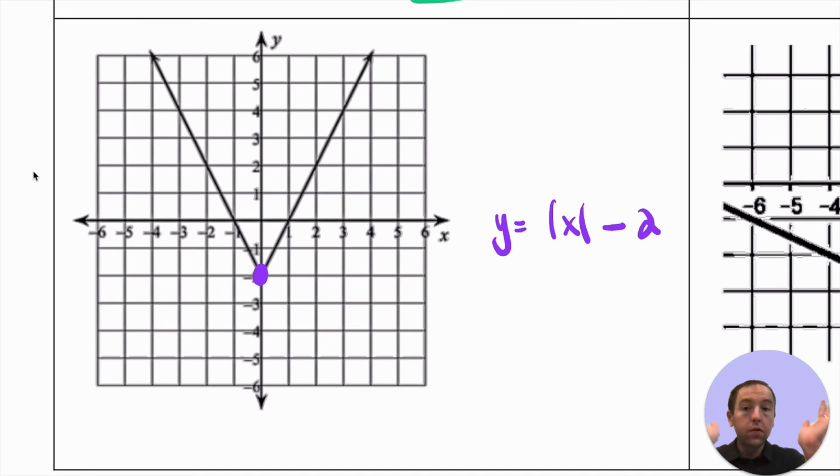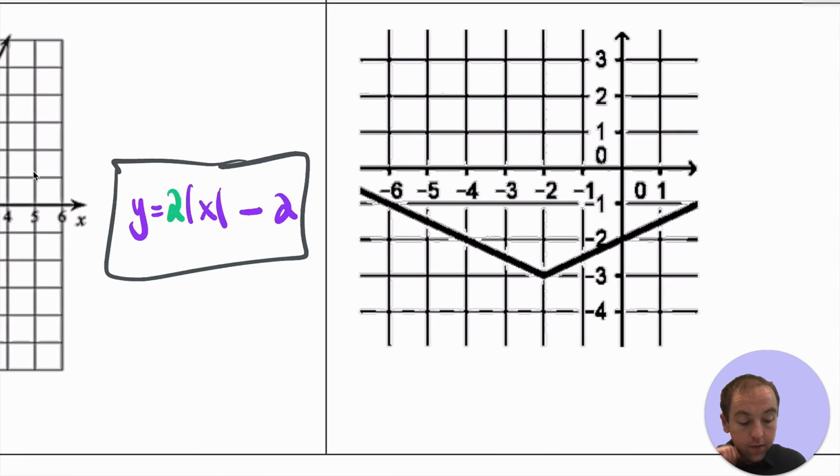You'll notice that the absolute value also is facing upwards, so you're going to have some sort of a positive constant right there. It will not actually be the number 1, because you'll notice that everything did get stretched a little bit, and if you follow that slope pattern right there, it's following a slope of 2, and so we'll have a vertical stretch factor there of a positive 2. That gives you that final equation right there then.